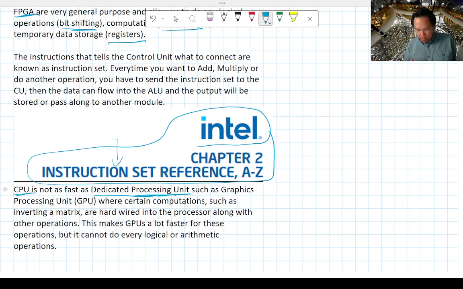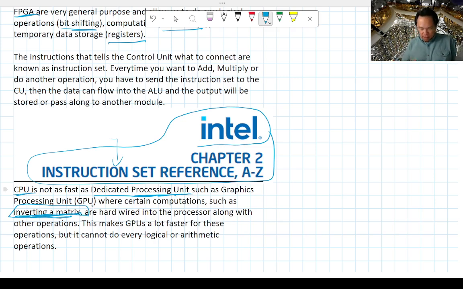So dedicated processing units can do specific tasks very well, such as inverting a matrix. If you ever did linear algebra, you'll see that inverting a matrix takes a lot of time if you're doing it by multiplication and addition. There are actually instruction sets that do matrix inversion that require certain logic gates.